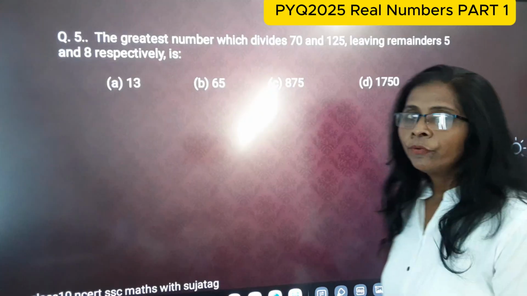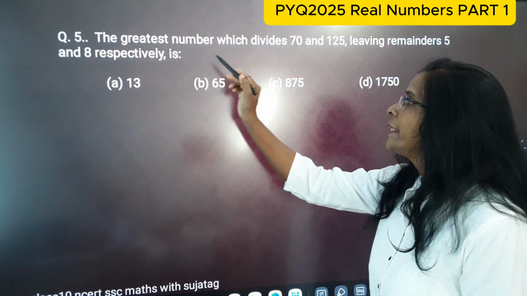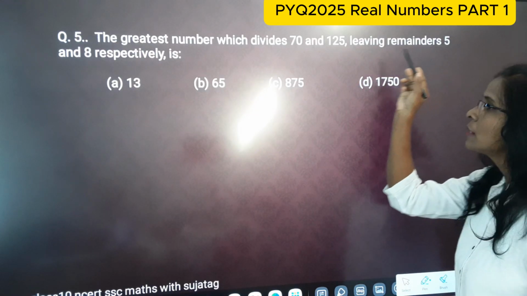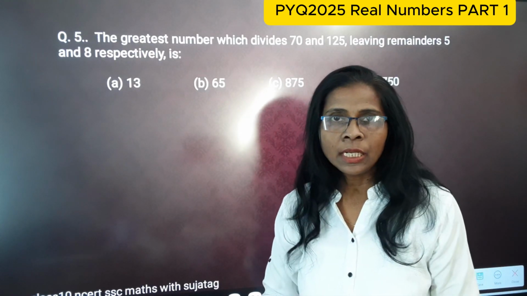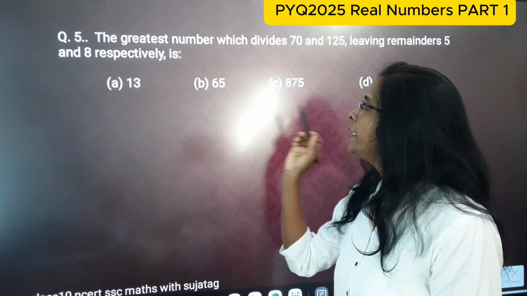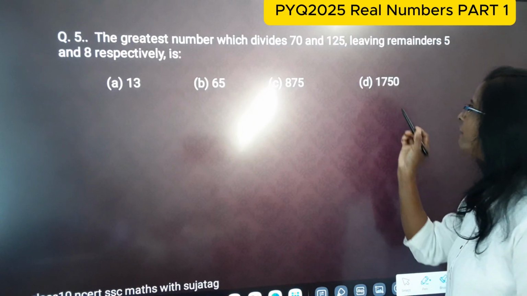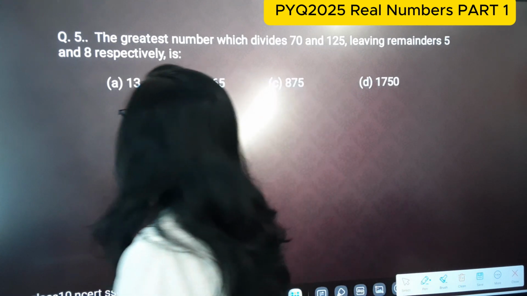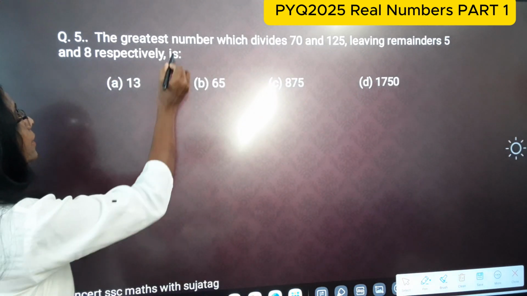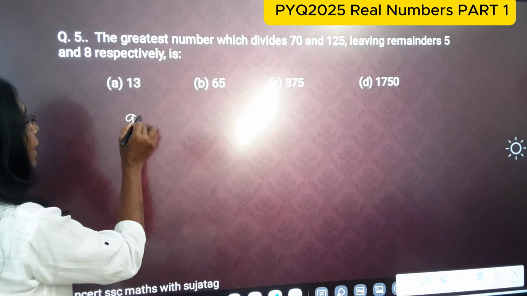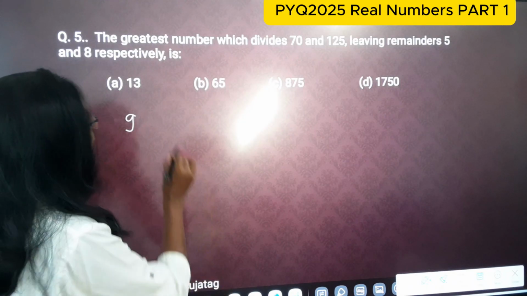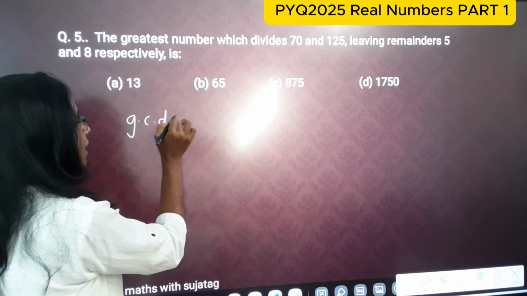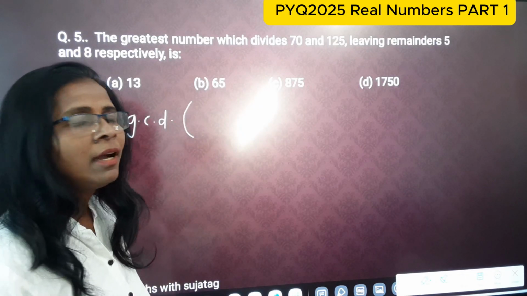Question 5, students. The greatest number which divides 70 and 125 leaving remainders 5 and 8 respectively is. Options are 13, 65, 875 and 1750. So here we have to find out the GCD, and GCD means nothing but the HCF.